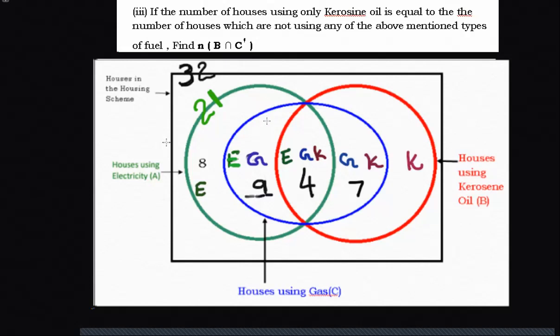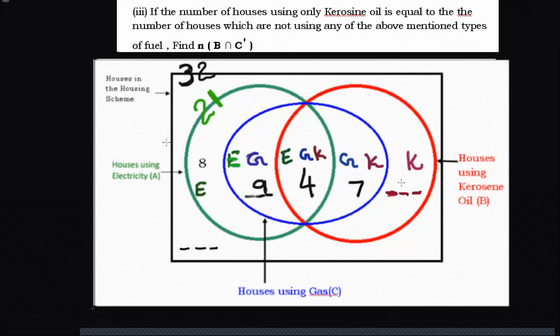Right, here comes Roman 3. If the number of houses using only kerosene oil is equal to the number of houses which are not using any of the above mentioned types of fuel. All right, so what are they saying? They're saying the number of houses using only kerosene, that is the number that's going to come in this red color blank, is equal to the number that's going to come in the black color blank outside all the circles.